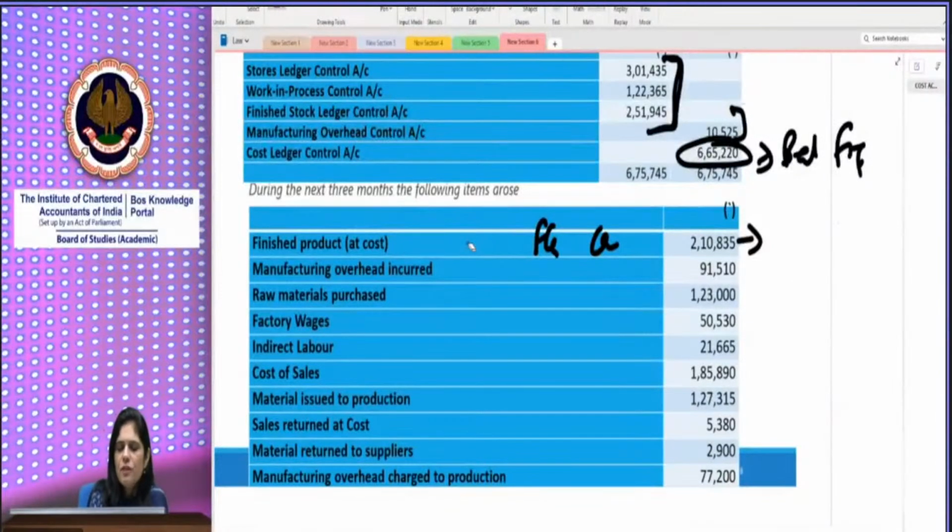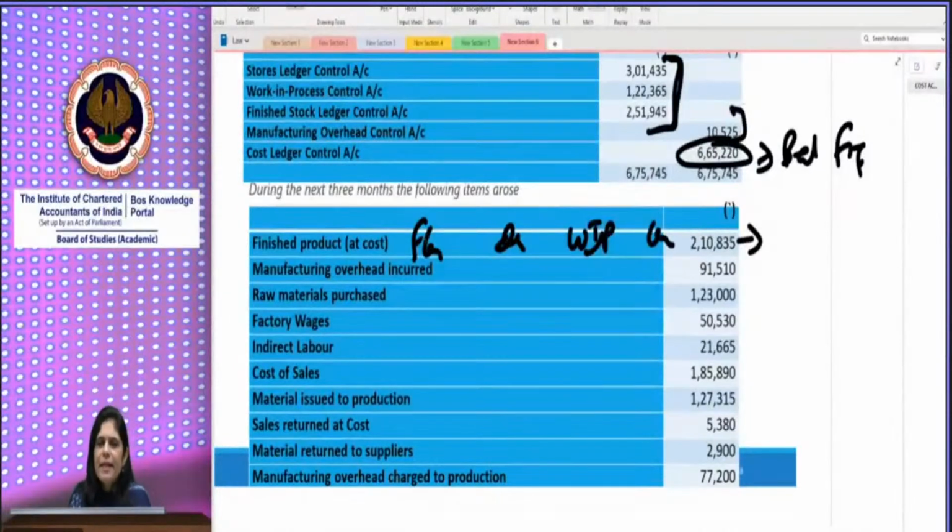It will go to finished goods. Finished goods at cost means finished goods control account will be debited and WIP control account will be credited. So goods are transferring from WIP to finished goods control account. It will pass from WIP to finished goods. So finished goods control account will be debited and WIP account will be credited.